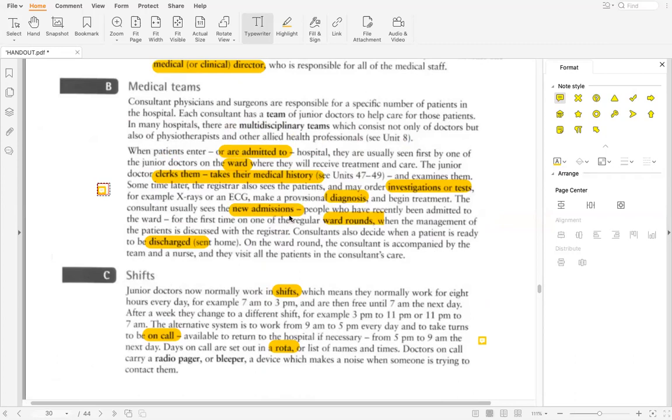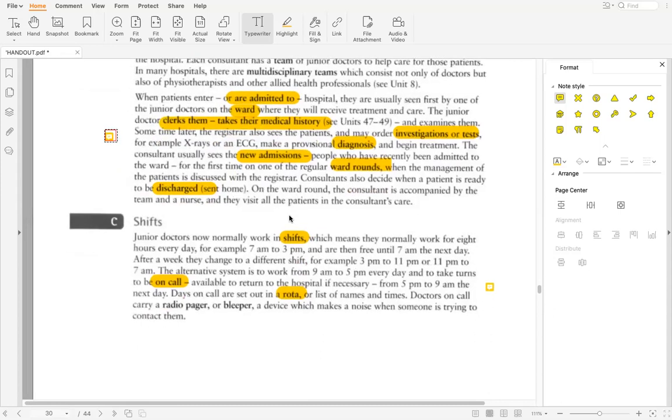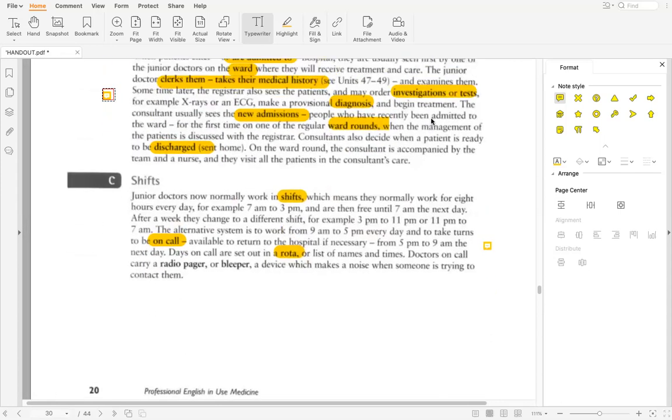We have new admissions. New admissions means the patients who get in or are admitted to the hospital. All right. And we have investigations and tests.